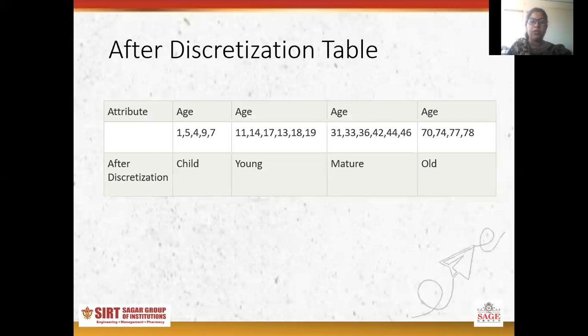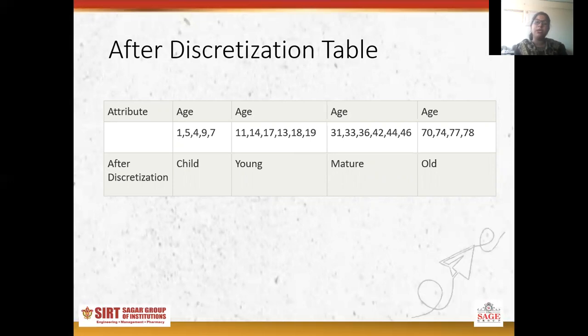And if we go for discretization, the attributes after discretization are like this: ages 1, 5, 9, 4, 7 are of child age. Then for the young, it will be 11, 14, 17, 13, 18, 19. Again, the mature age is 31, 33, 36, 42, 44, 46.